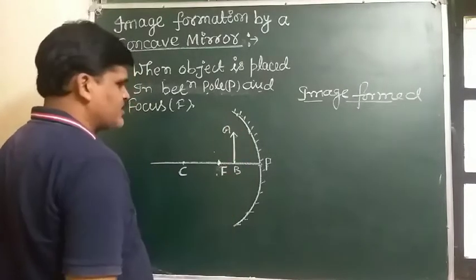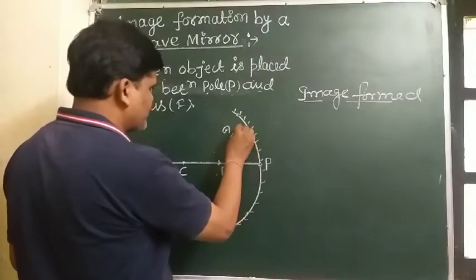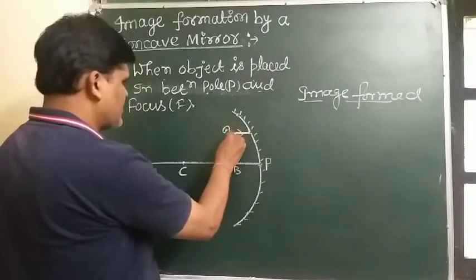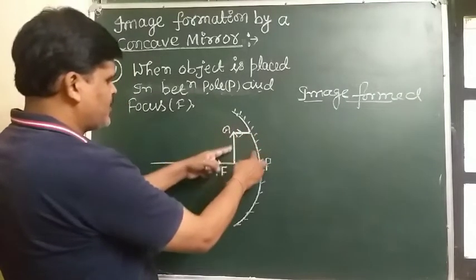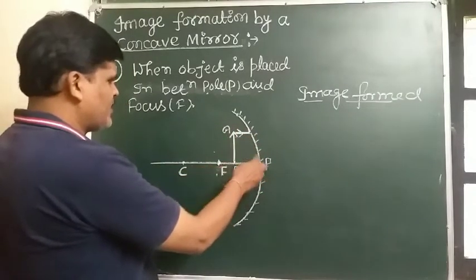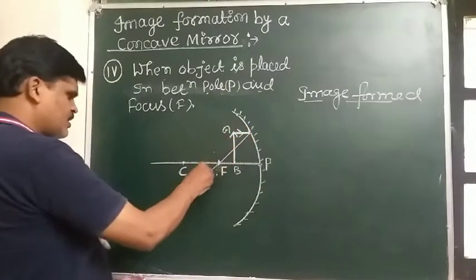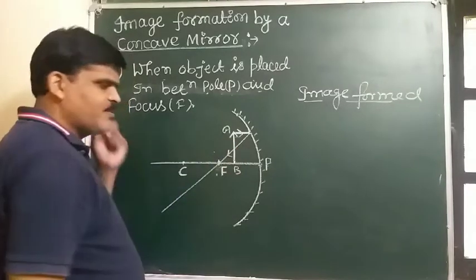We use the same rule: a ray of light parallel to the principal axis, after reflection through a concave mirror, passes through the focus.